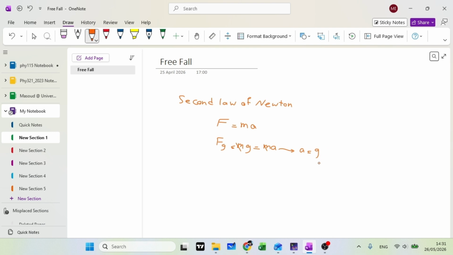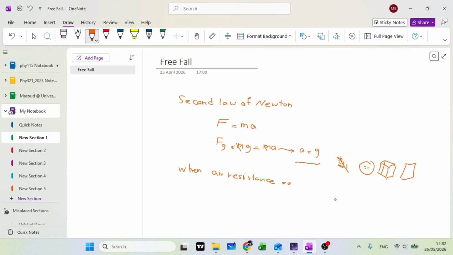So no matter whether we have a feather, a bowling ball, or a book, they reach the ground together with the same speed, when the air resistance is zero.